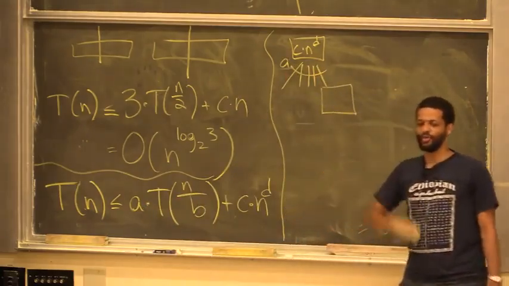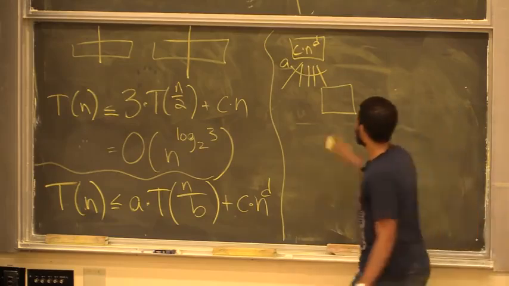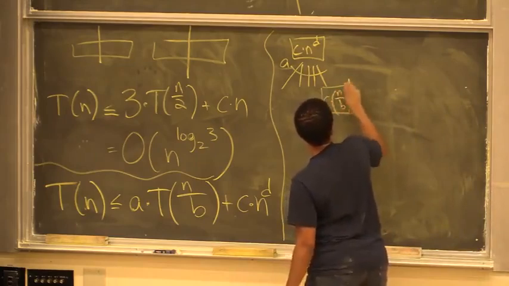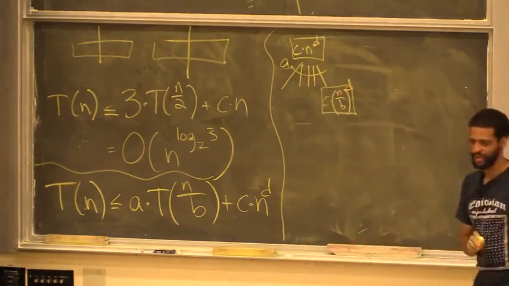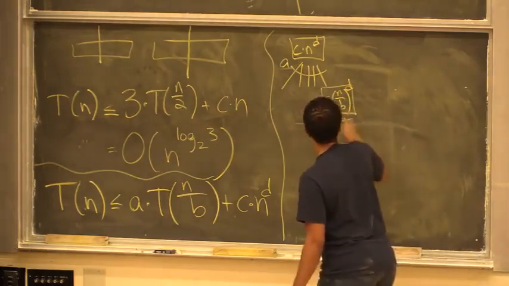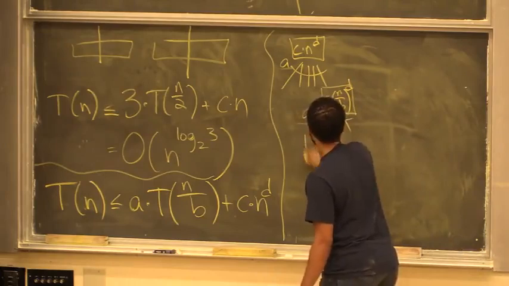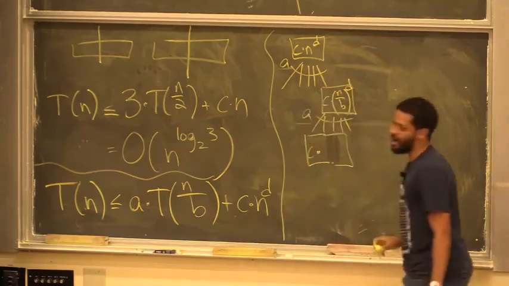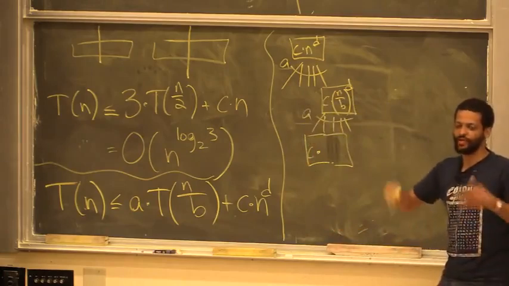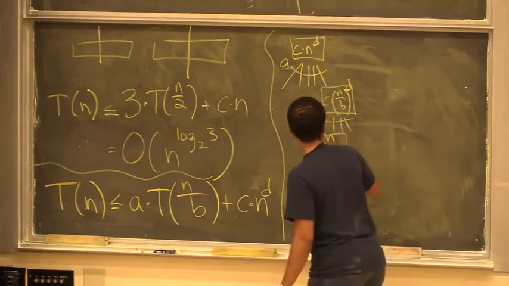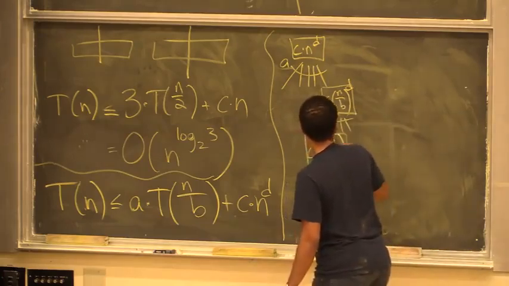N is n over b. So c times n over b to the d work. And then each one of these children makes a recursive calls. And then this child does c times, what's n now? It's n over b squared, right? N over b, and then we divide it by b again. N over b squared to the d.